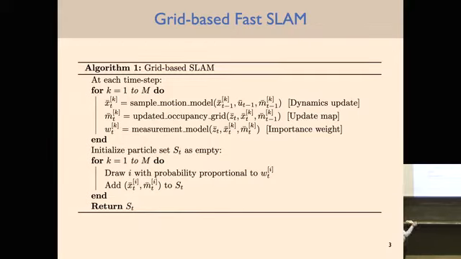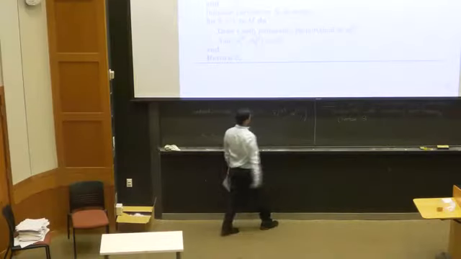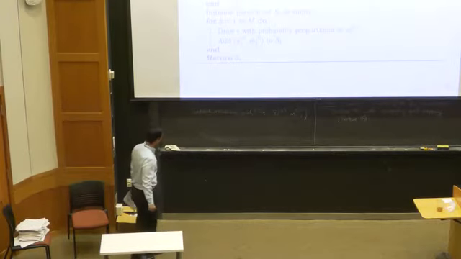Typically for these kinds of applications, you have some range sensor, some distance sensor, something that gives you distances to different points in the environment. It also takes in this updated location estimate, updated after you sample from the motion model, and the previous estimate of the map.